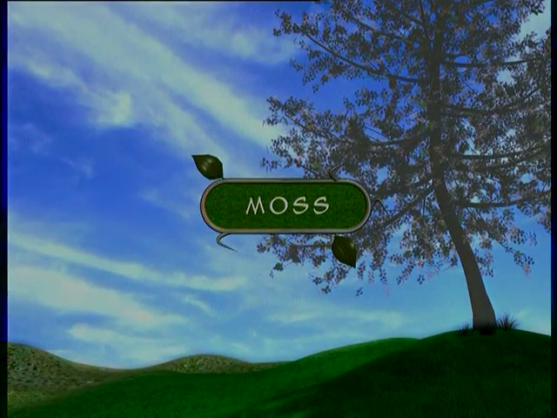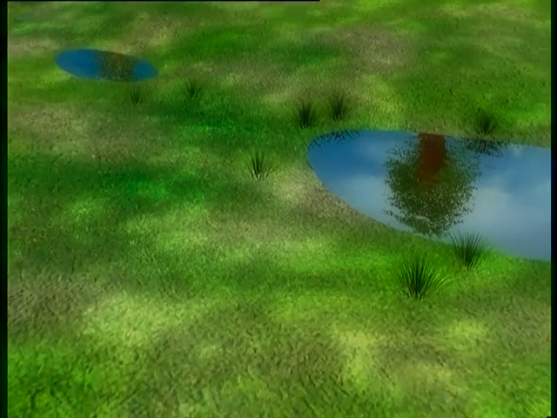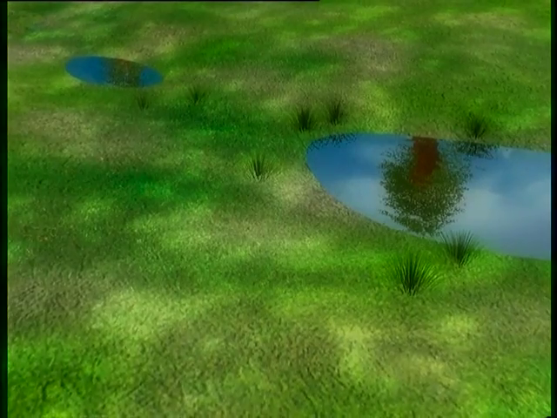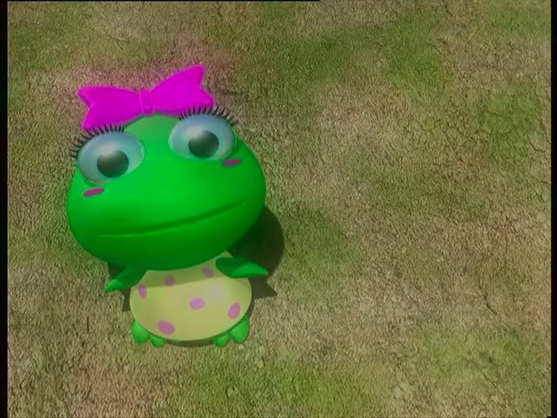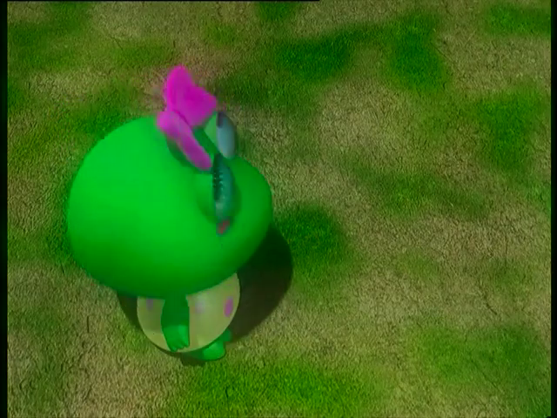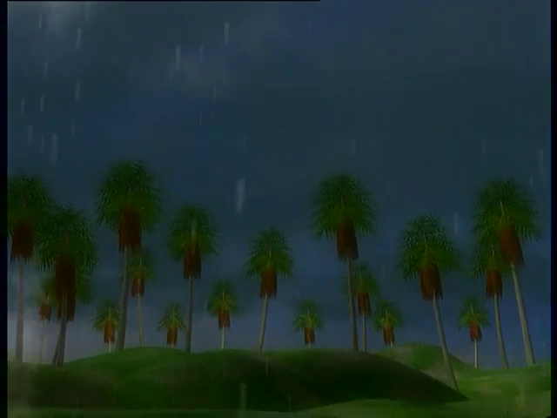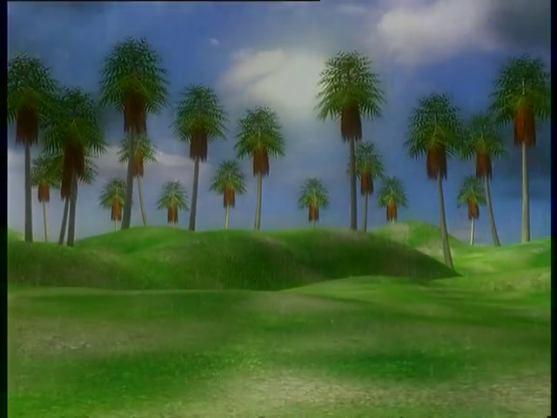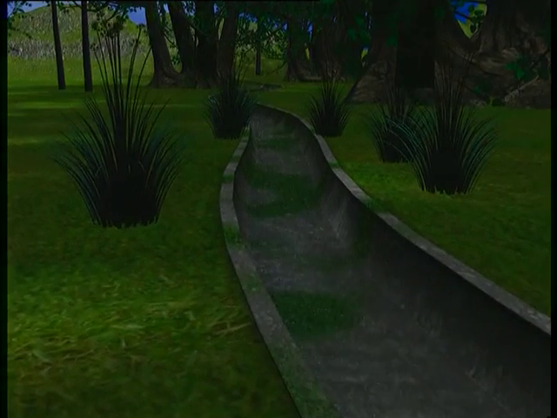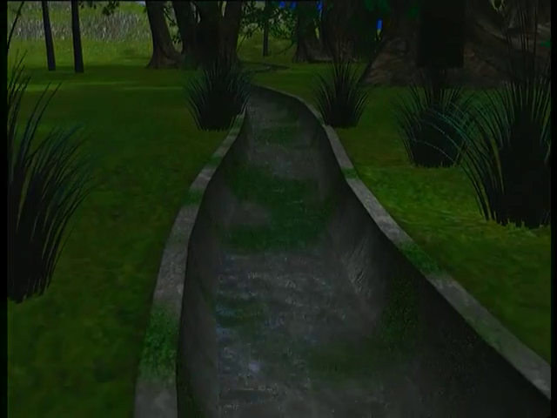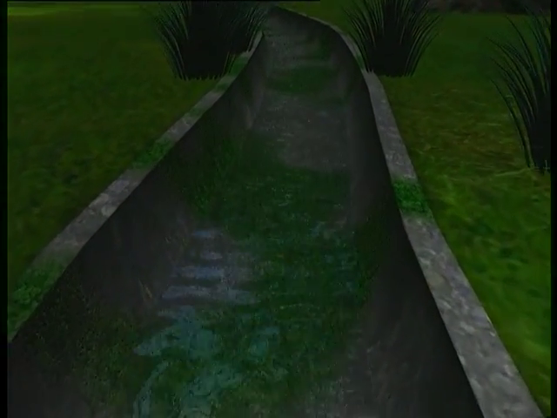Moss. Mosses are small green plants that look wonderfully like soft carpets of green. They live in wet and dry conditions, such as at the sides of drains or damp walls.